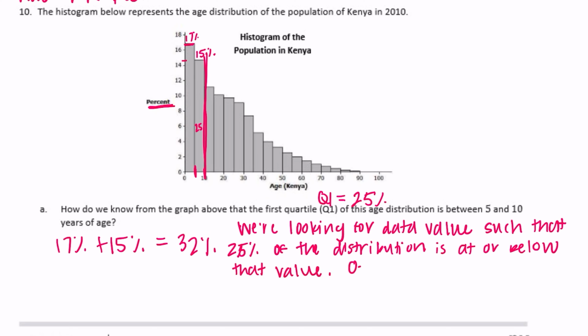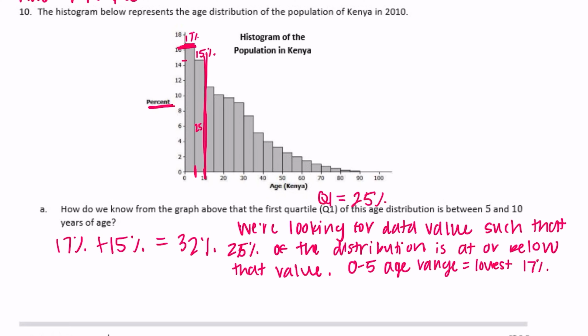So the 0 to 5 age range is equal to 17%. So the lowest 17%. Based on the data, I found that from the chart here, 17% is between age 0 to 5.